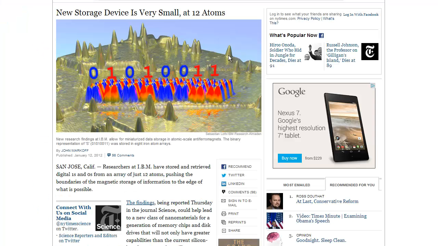I have a picture up here from one of the links, a New York Times article. So if you can store 12 atoms for a bit, a 0 or 1, just think on a larger scale memory disk or memory stick, just how many bits and bytes and words we can store on that kind of information.